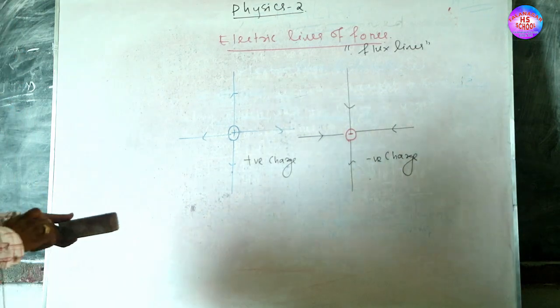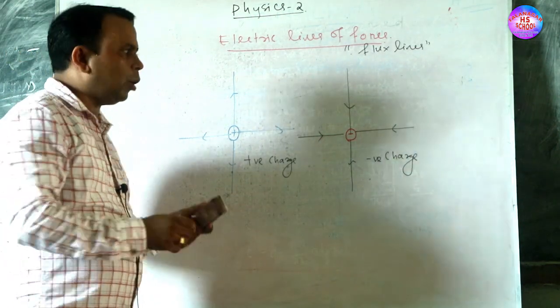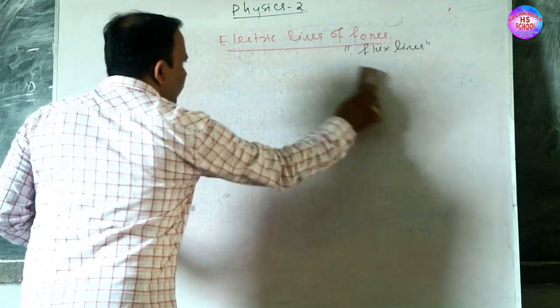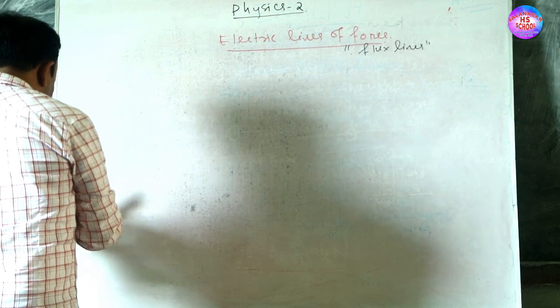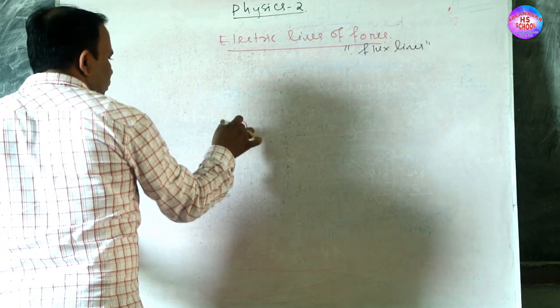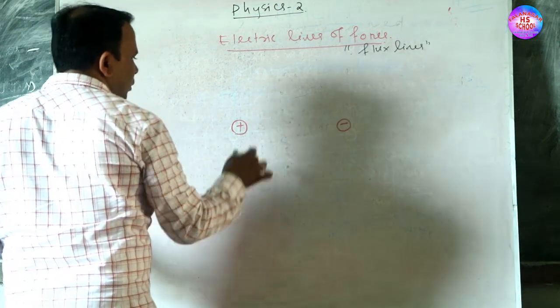If we take a pair of charges, that is a positive charge and a negative charge, then the electric lines of force are curved lines.